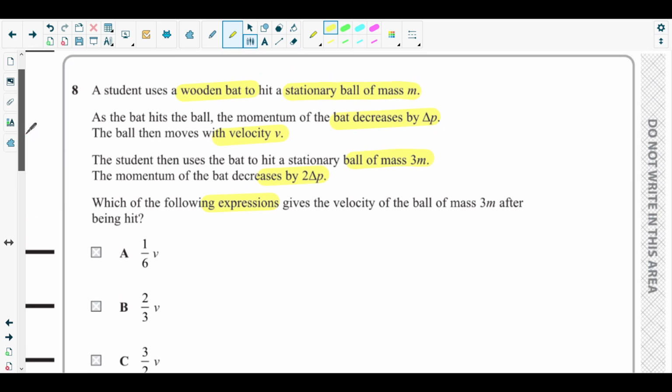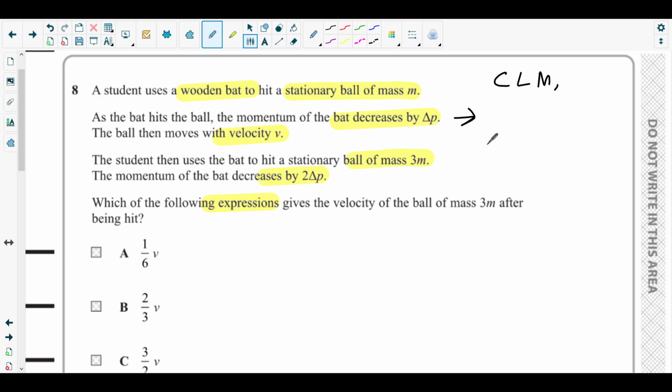Okay, so at first consider the first case. In this case, as the bat hits the ball, the momentum of the bat decreases by del p. So consider CLM, conservation law of momentum.